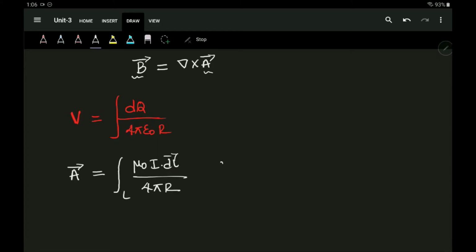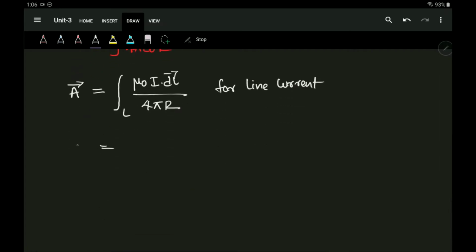So this is for line current. Similarly, for the surface current, I can write the vector A, where vector A is my vector magnetic potential, taken over the sheet or surface. It is defined by mu naught times the current density K into the surface ds divided by 4 pi r.